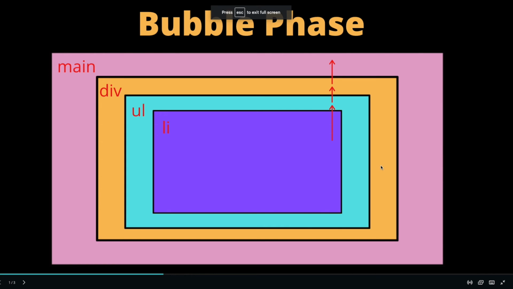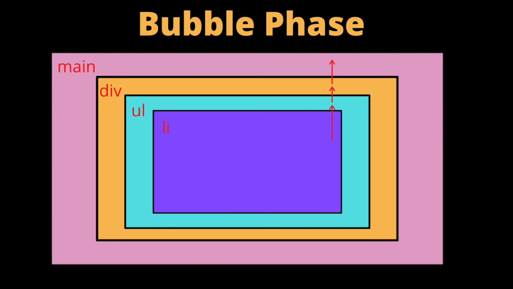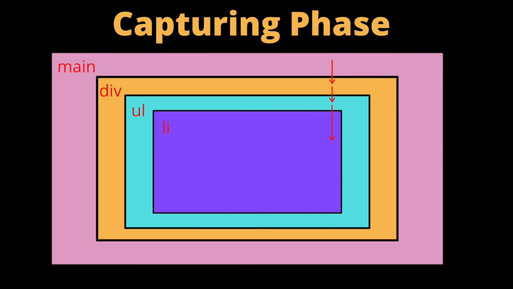Now let me explain the phase that happens before the bubble phase. What happens before the bubble phase is the capturing phase. When the user clicks on the LI element, the event comes from the HTML tag to the body tag, to the main tag, to the div, the UL, and then to the LI, which is our target element.